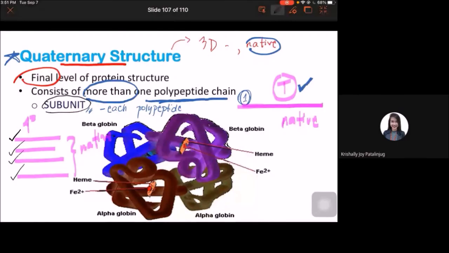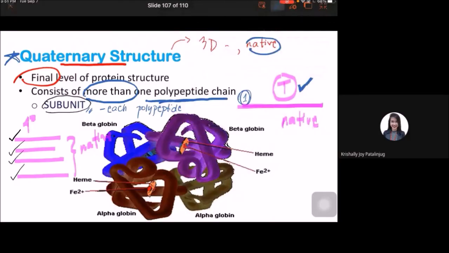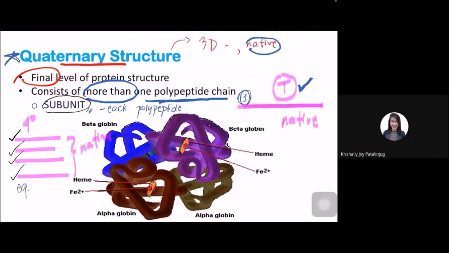So ano yung halimbawa? Pinaka-common na halimbawa po ng quaternary structure is yung hemoglobin. This is the most common example ng quaternary structure. We will discuss this later in a segment about examples of protein. Under na siya sa globular protein, ang hemoglobin.